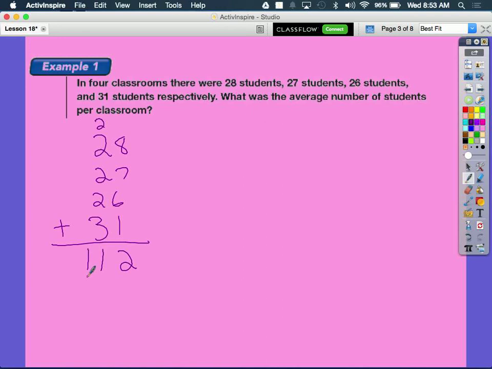I have 112 students. Okay? I'm just going to label this right now so I know that it is students that we're talking about.